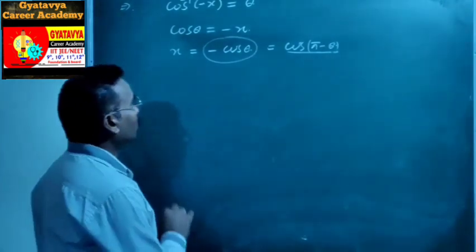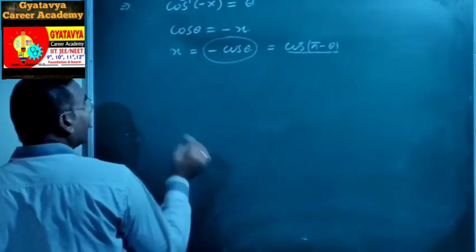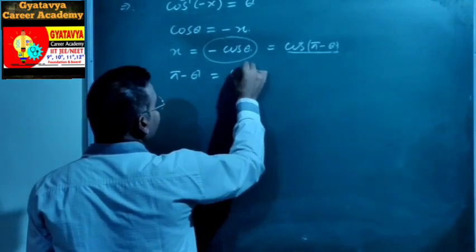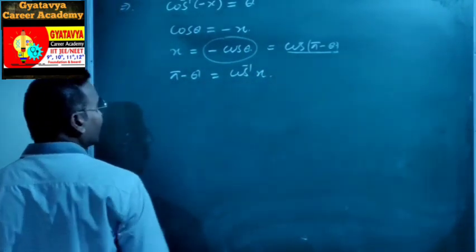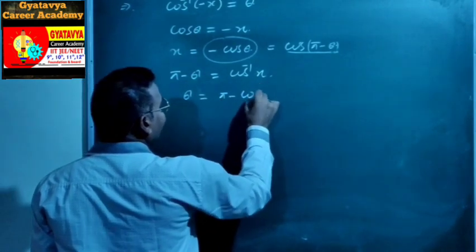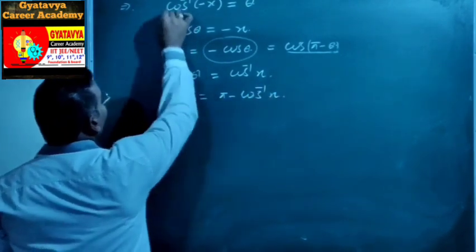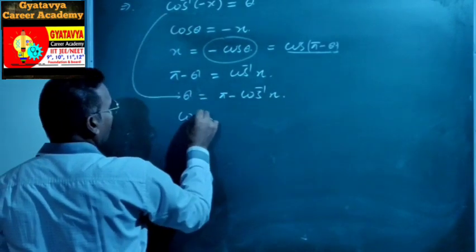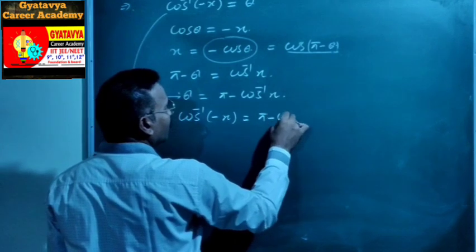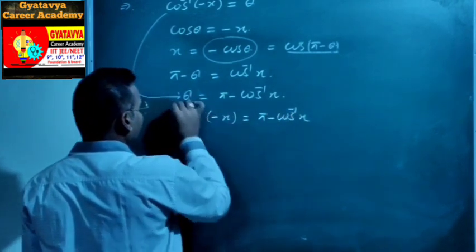Okay, so now convert into inverse trigonometric function. So pi minus theta is equal to cos inverse x. Is it correct? Okay, now theta is equal to pi minus cos inverse x. And what is theta? Cos inverse minus x is equal to pi minus cos inverse x.